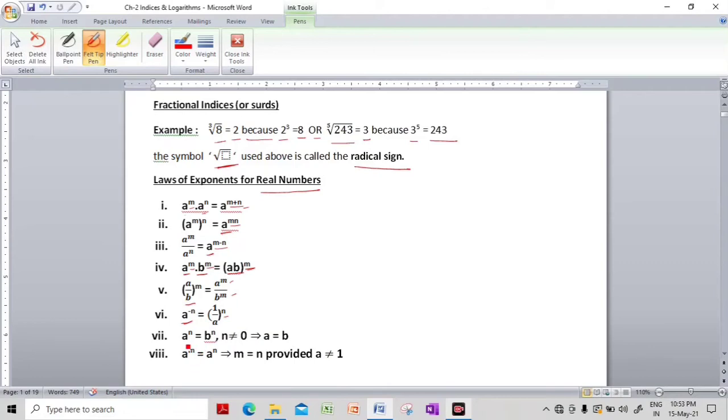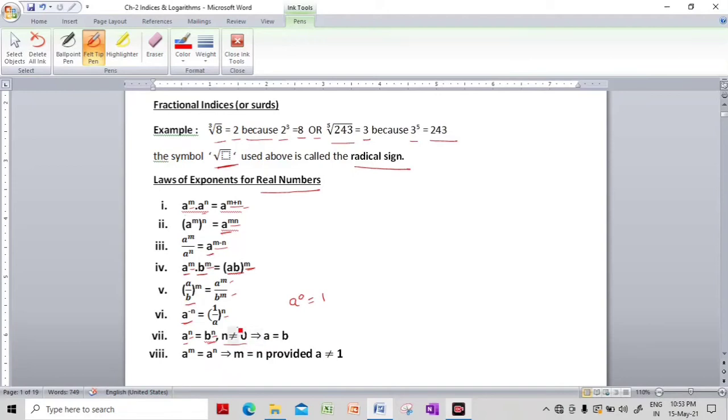Now the seventh law, a power n equals b power n, where a special condition is given to you: n not equal to 0. That means this power n should not be equal to 0. Why is it not equal to 0? Because if n is equal to 0, then we know that any number to the power 0 is always equal to 1, so this will automatically be equal.